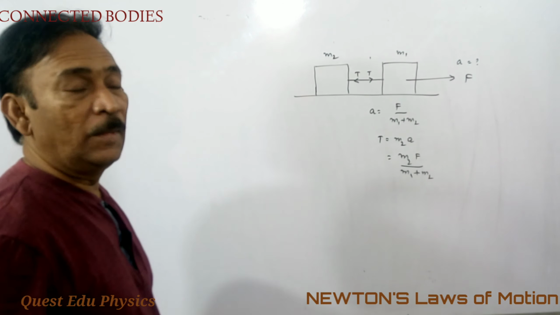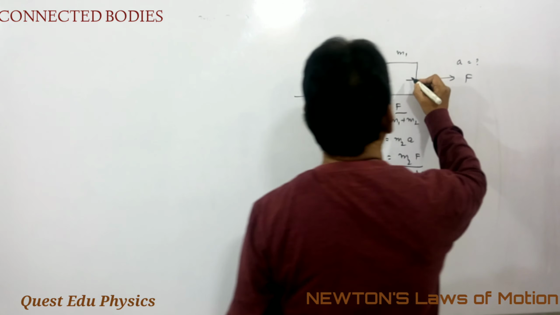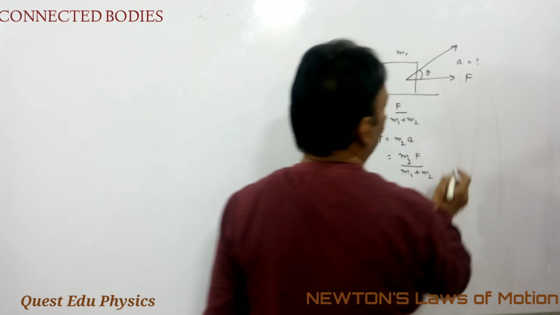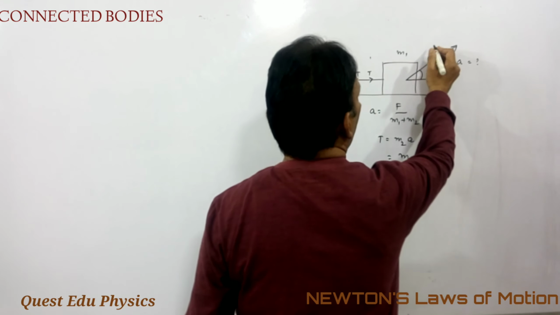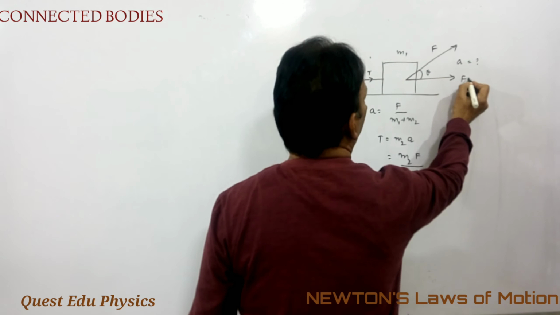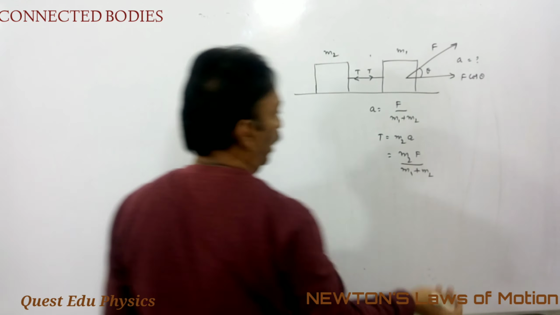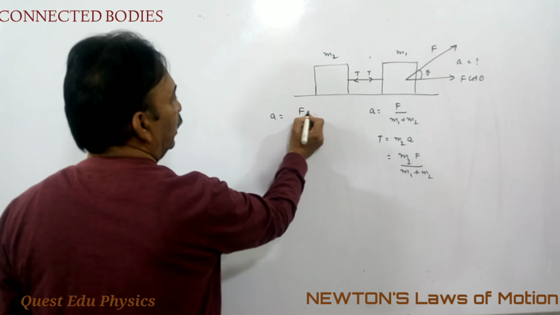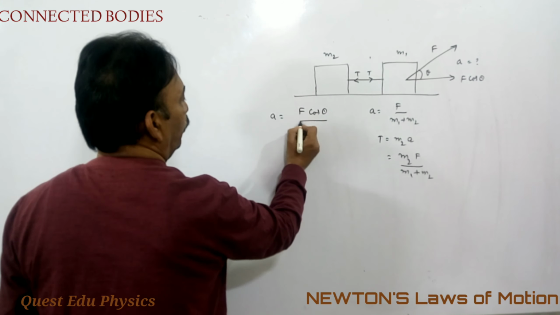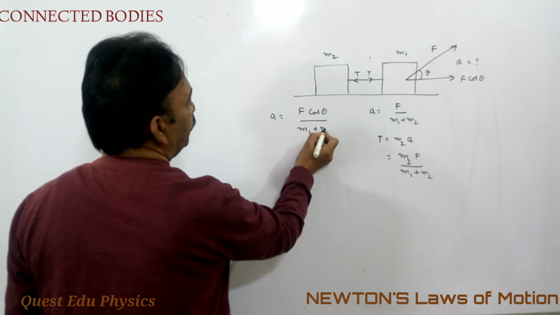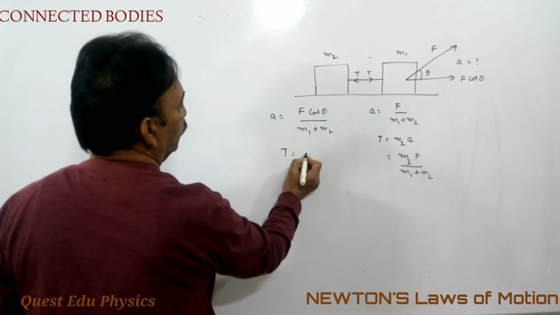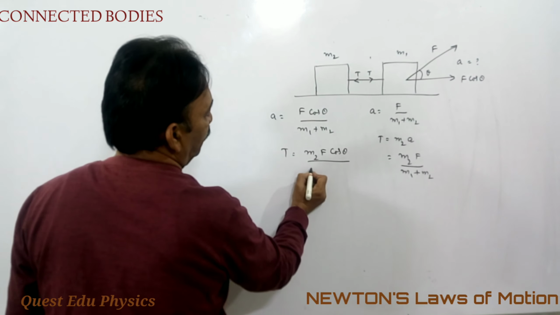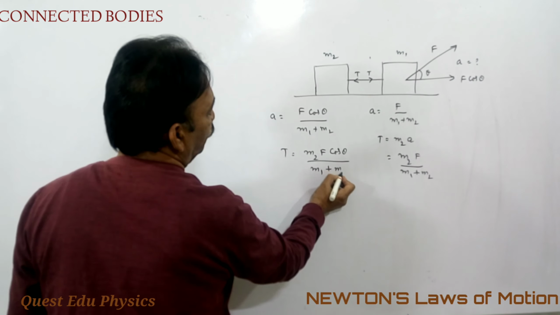Sometimes the question may be like this: he is pulling with a force F, making an angle theta, then automatically it is F cos theta, and you just change the values. A is equal to F cos theta by M1 plus M2, and T is equal to M2F cos theta upon M1 plus M2.